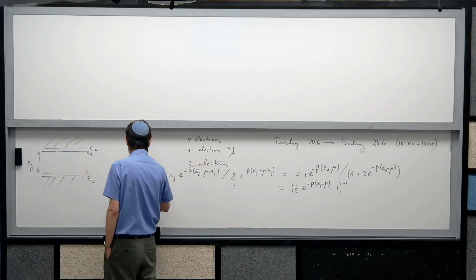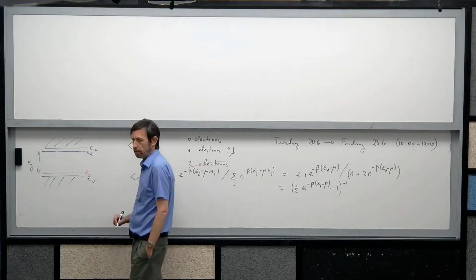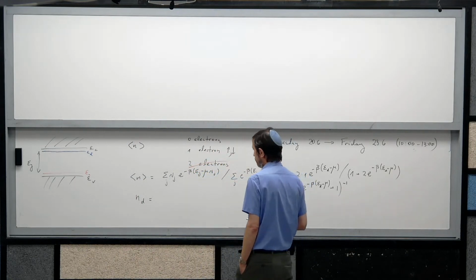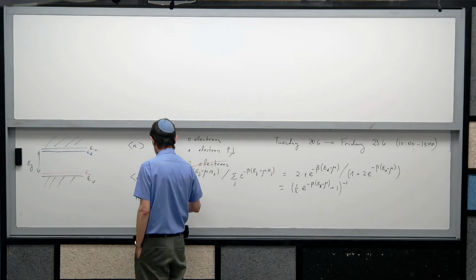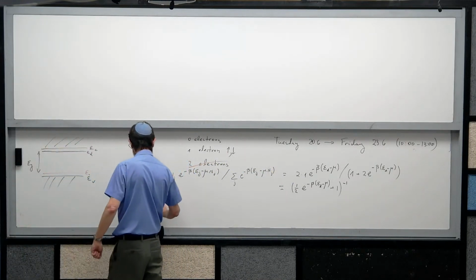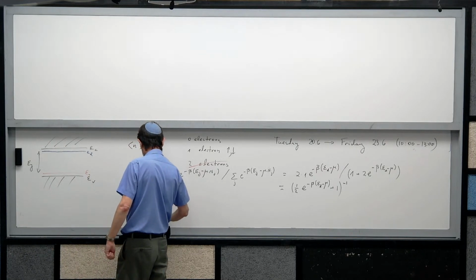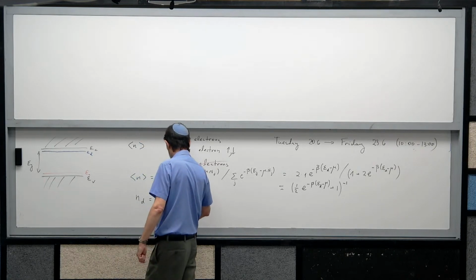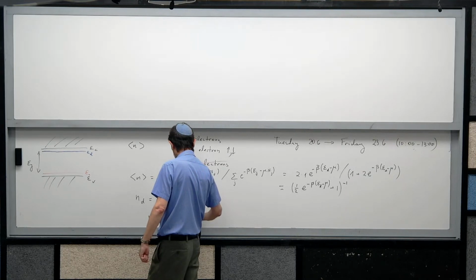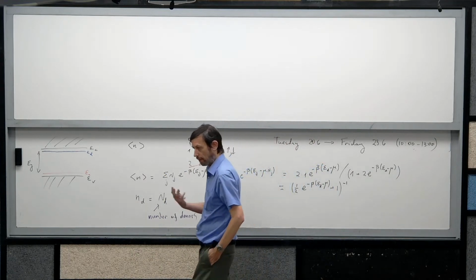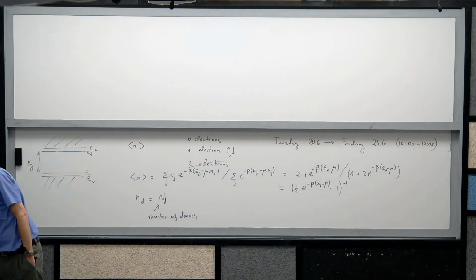So the number of particles that live on the donor levels is the number of donors times the probability of a donor being occupied.